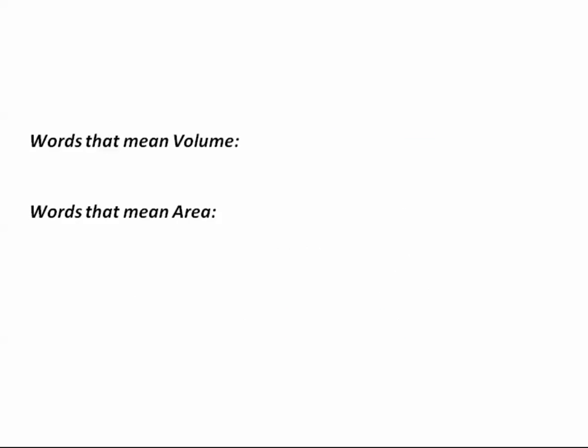Other things you need to think about. They're not always going to say, find the volume of this, or find the area or surface area or lateral area of this. Sometimes they will, but sometimes they'll try and throw you off by saying other words that mean volume, things like fill. Like how much space would it take to fill this up? Things for area.